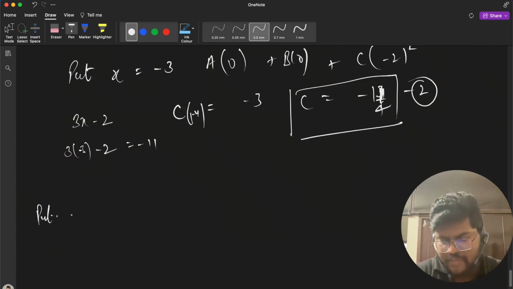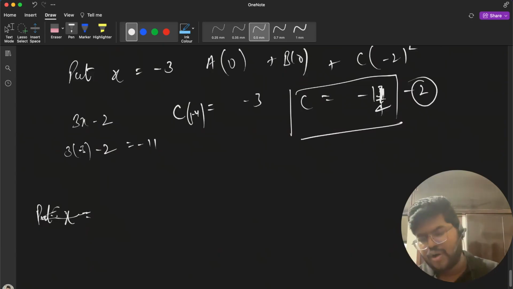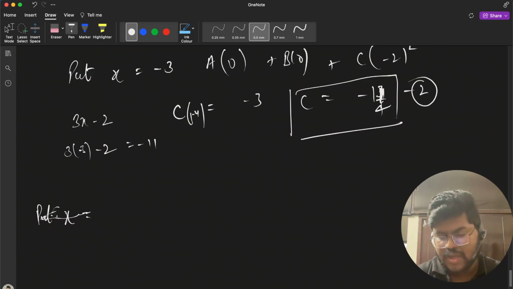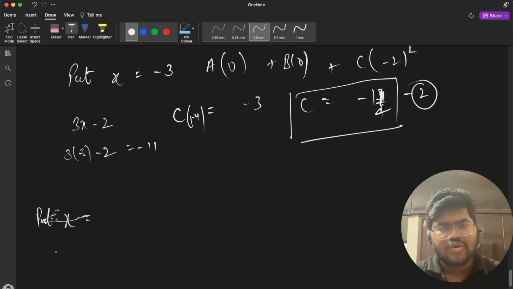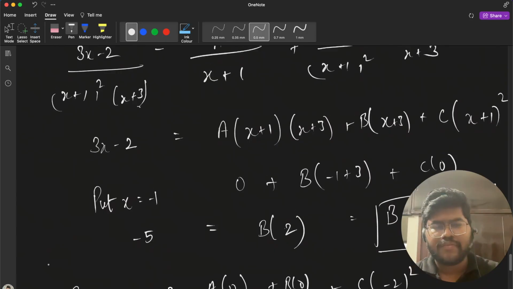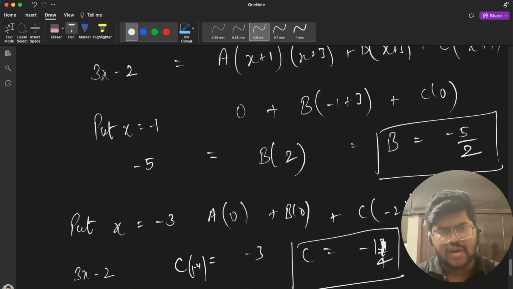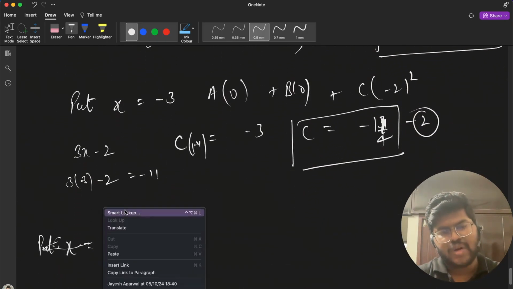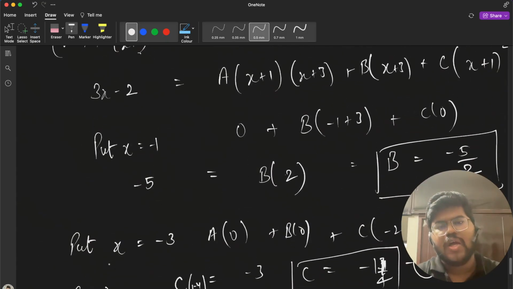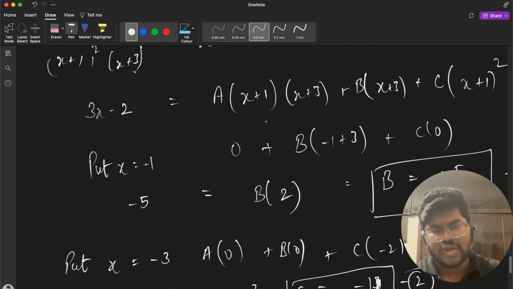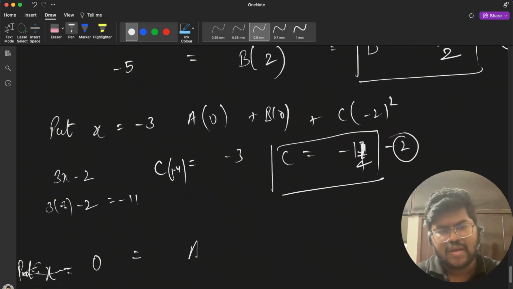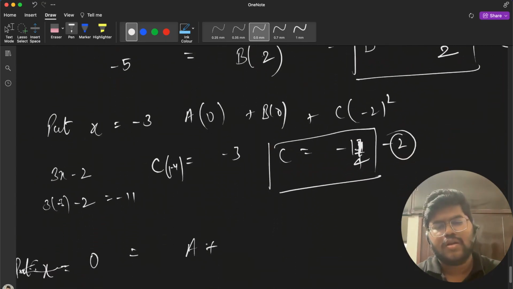Now for a, this method will not work. We have to directly equate the coefficient of x square on both sides. Here, 3x minus 2 has x square coefficient 0, and on the other side the x square coefficient is a plus c.